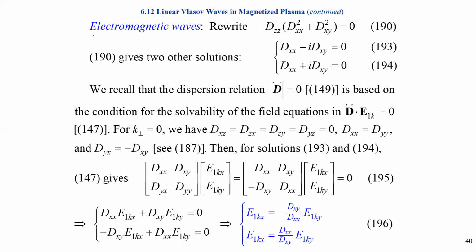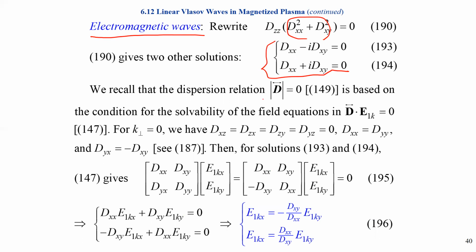Okay, another case, the electromagnetic wave. Once again, we have these two solutions in addition to this one. This one gives us the electrostatic wave, and these two give us new information.